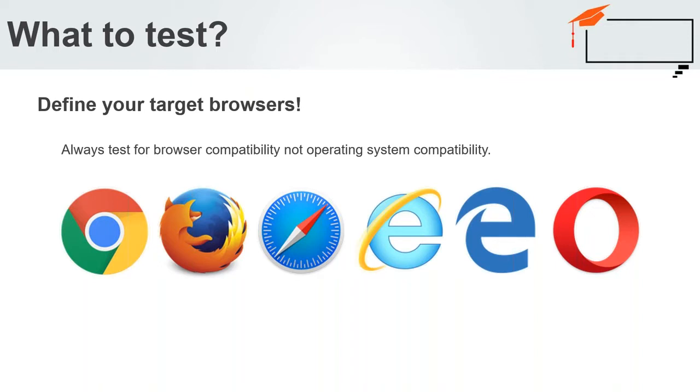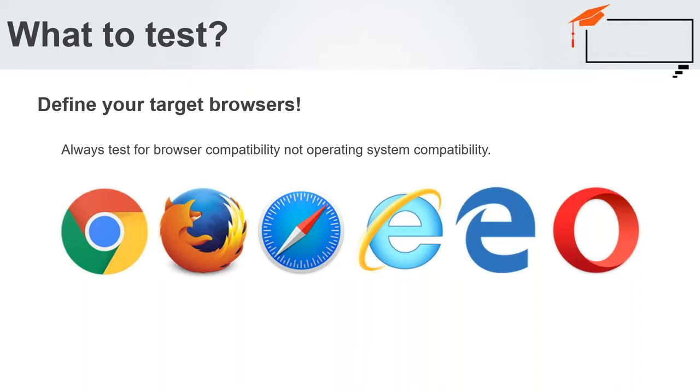So if a website is already completed, it's much harder to get it working, let's say for example in an older Internet Explorer version, than it would have been to design the page from the start to support this particular browser version.